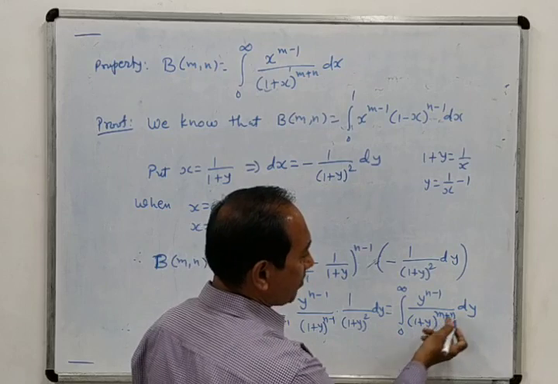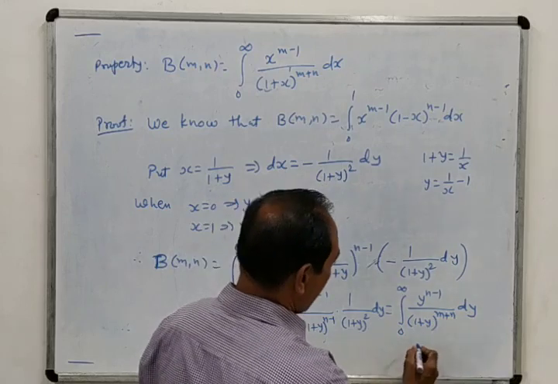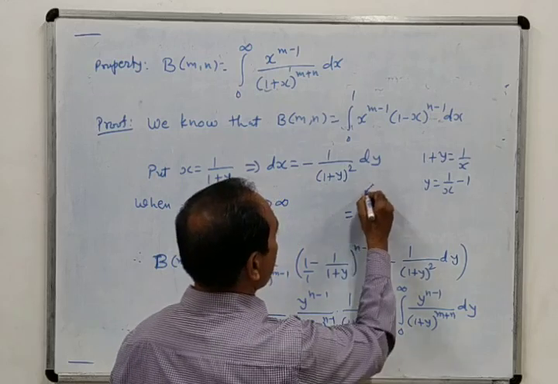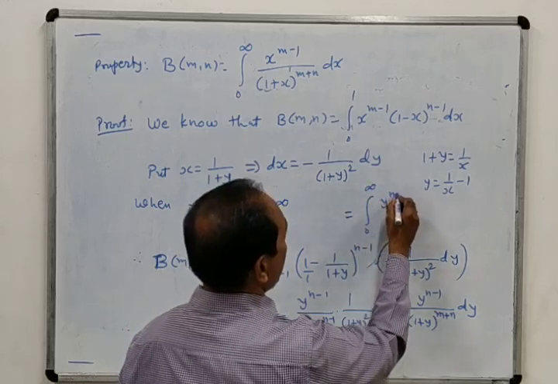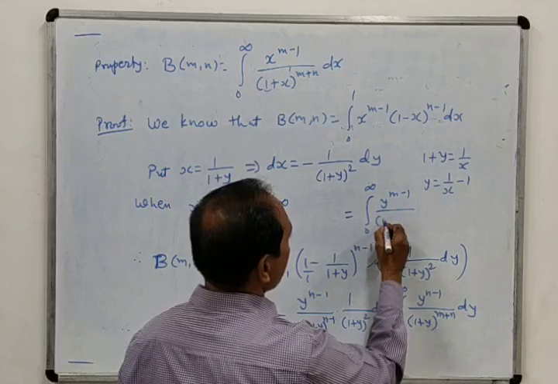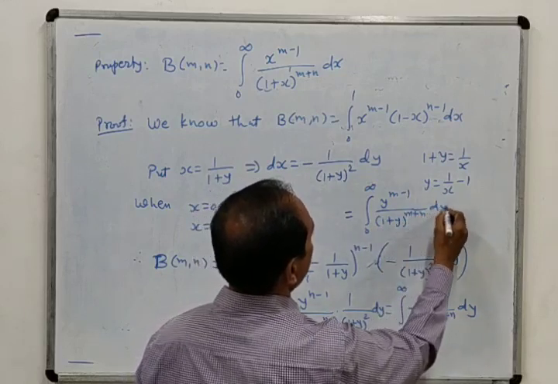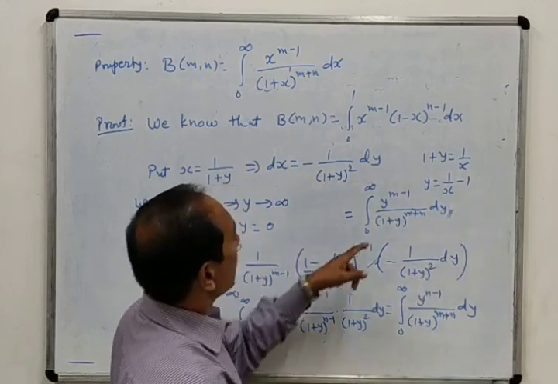But n plus m and m plus n both are same. So this is exactly equivalent to 0 to infinity y raised to m minus 1 divided by (1 plus y) raised to m plus n dy. Okay, and this is the value.